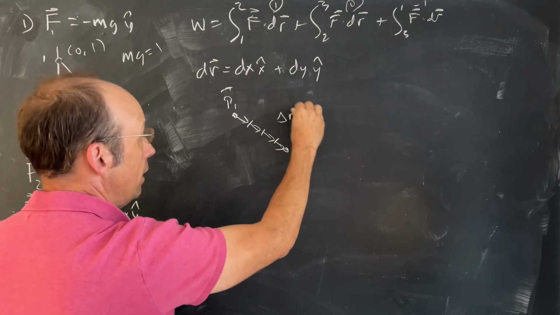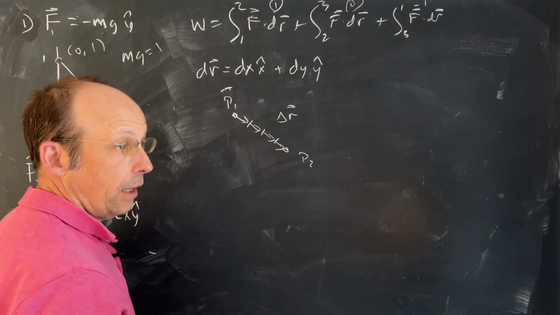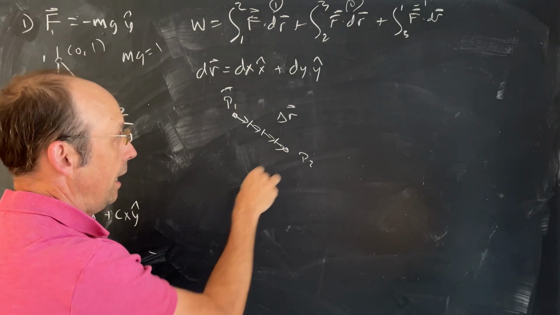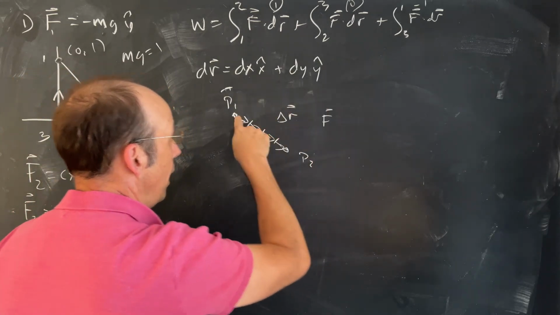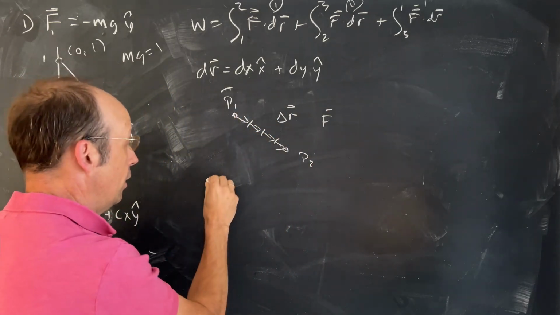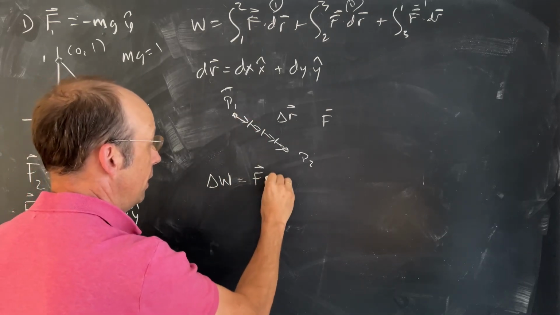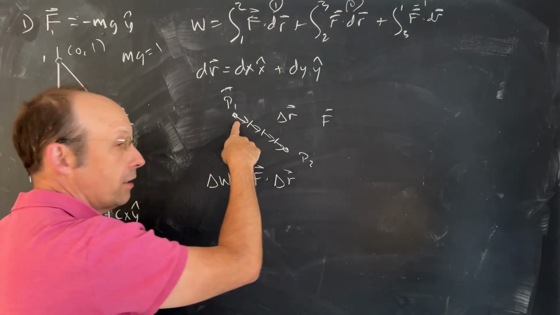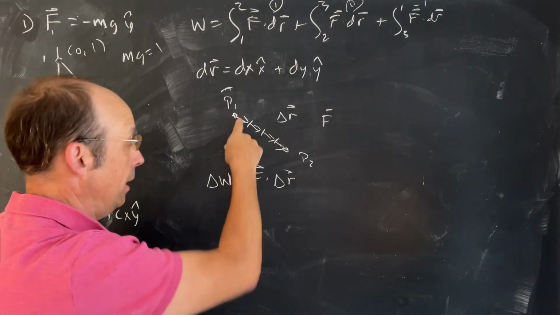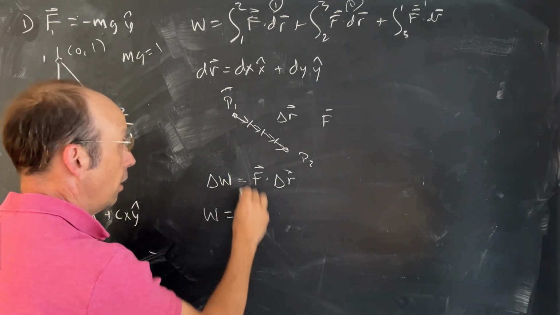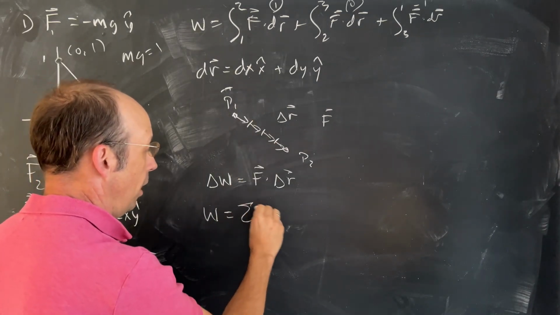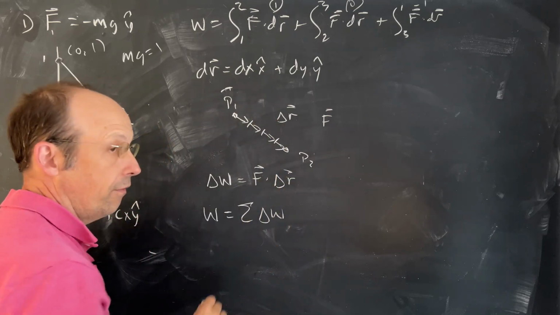So I calculate the vector dr, which is the step size, and I calculate the vector f, and I'm going to assume f is constant over that step. So delta work for that first step is going to be f dot delta r. So I can calculate the work along a finite step. And then the total work along that path is just going to be the sum of the works along each individual step.